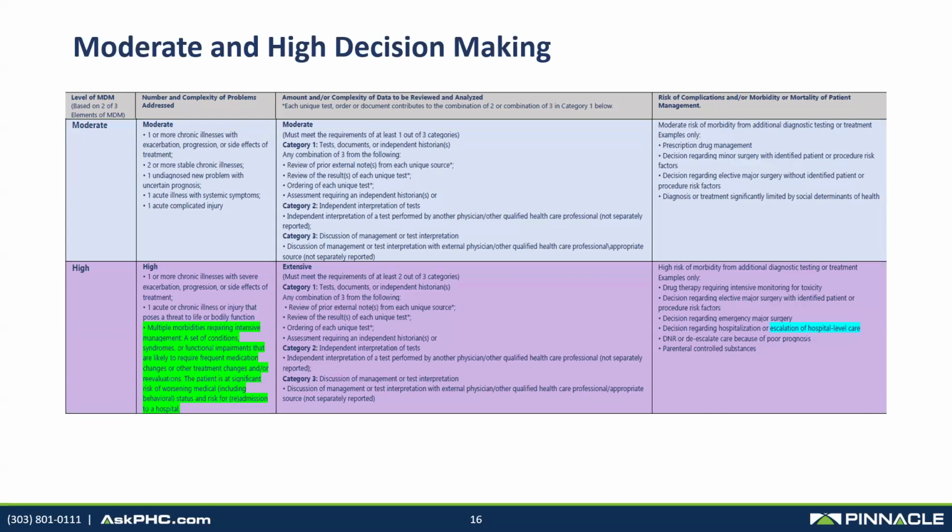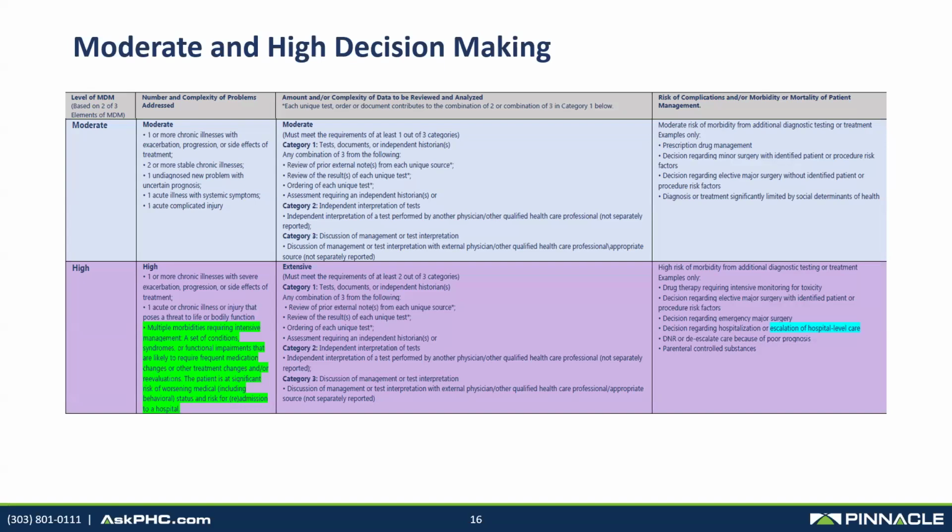Our high is one or more chronic illnesses with severe exacerbation, severe progression, or severe side effects of treatment. It could also be one acute or chronic illness or injury that poses a threat to that patient's life or to bodily function. Or it could be multiple morbidities requiring intensive management.